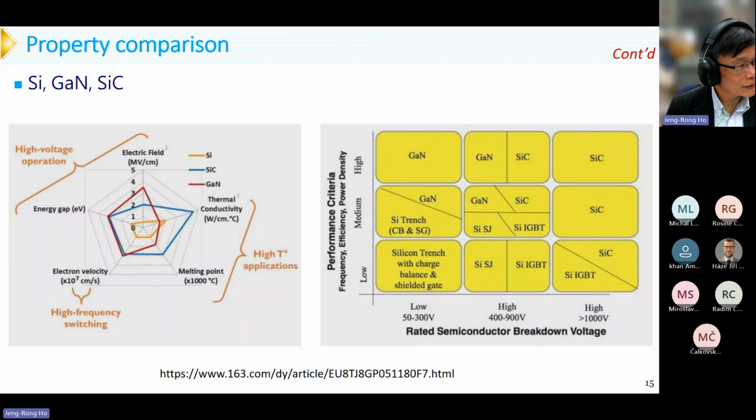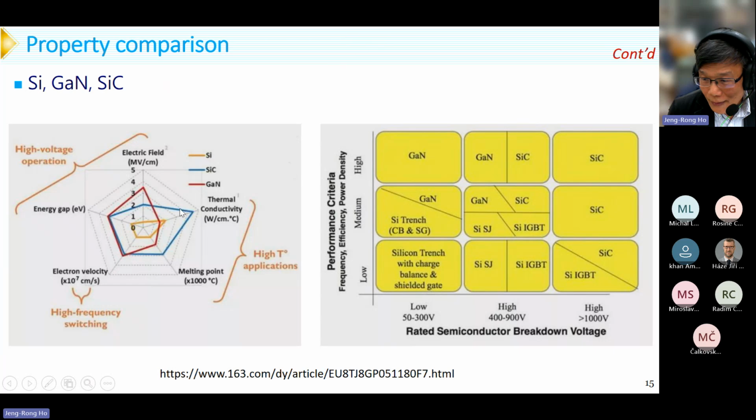And we can compare the properties of silicon, gallium nitride, and silicon carbide. For example, we can compare from three categories: high voltage application, high frequency switching, and high temperature applications. This area is the silicon, which is actually very narrow, and this one is gallium nitride, which is higher.